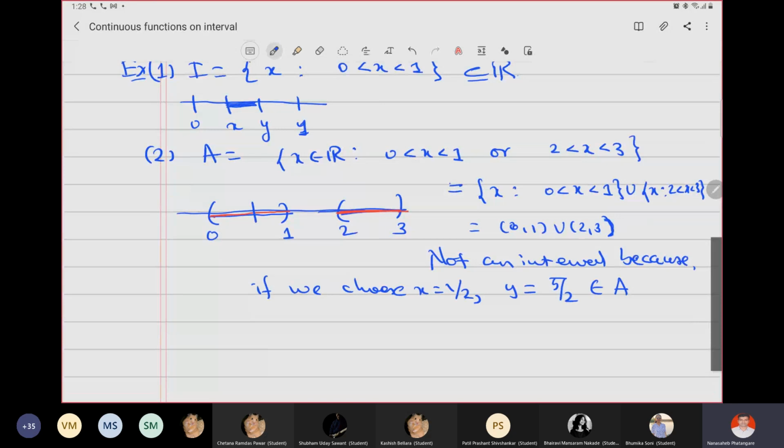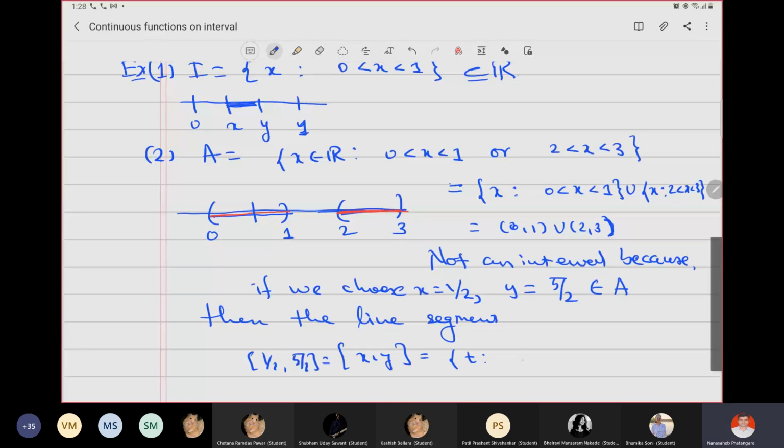Are they members of the set A? Yes, sir. If you choose these 2 points, then what is the line segment joining x to y? It is half to 5 by 2, right?